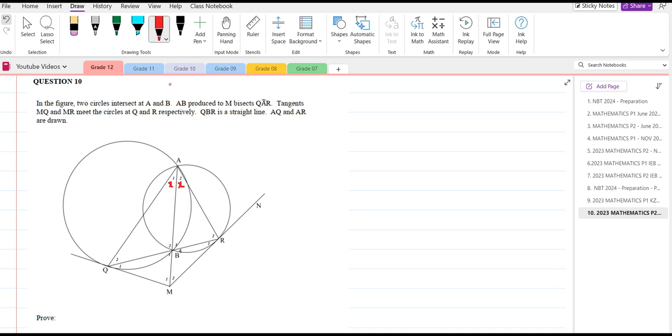Now because we have tangents, remember we can do tan chord here. Angle Q1 is equal to angle A1, right? And angle R1 is also X. Now we can say that they are equal because we got base angles to be equal, right? And what else can we conclude from here?